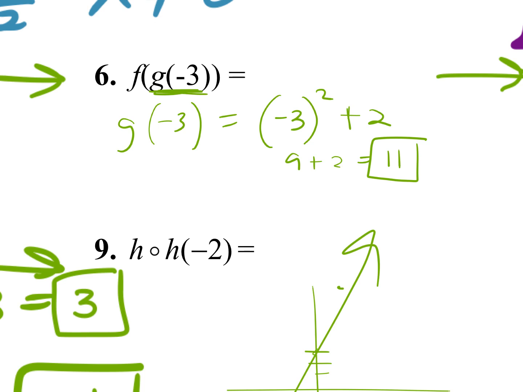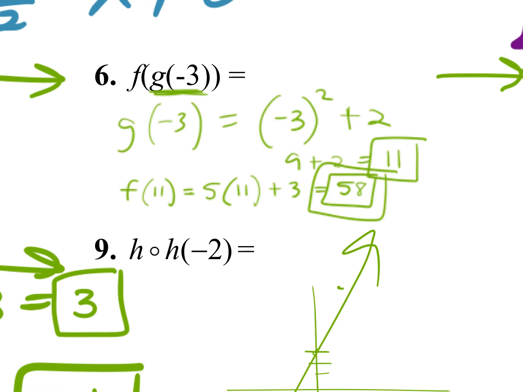Okay, and now you're going to take that 11 and you're going to plug it into the f of x function. So it's going to be f of 11 equals 5 times 11 plus 3. So 55 plus 3 is 58, and that's your final answer for that one. Good on that?